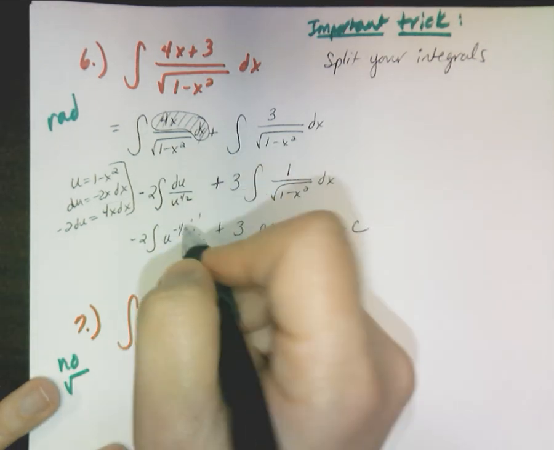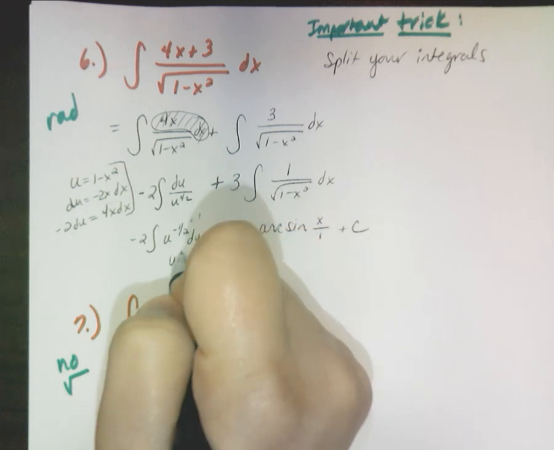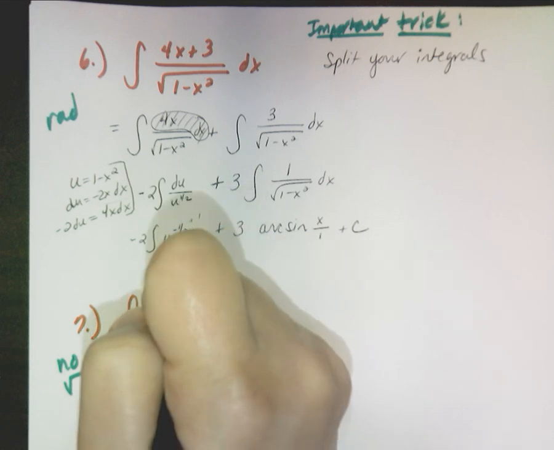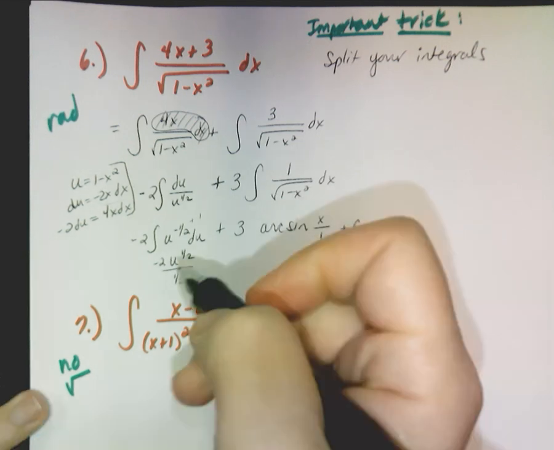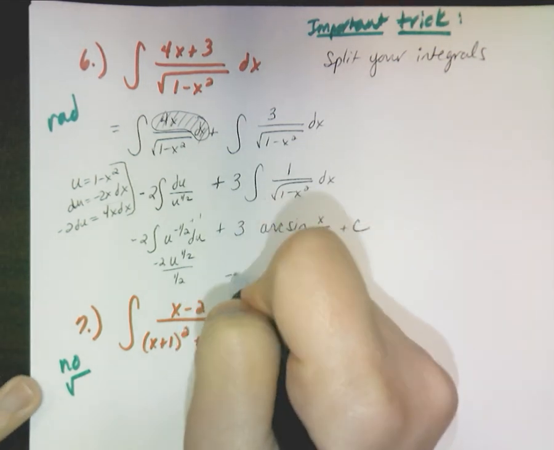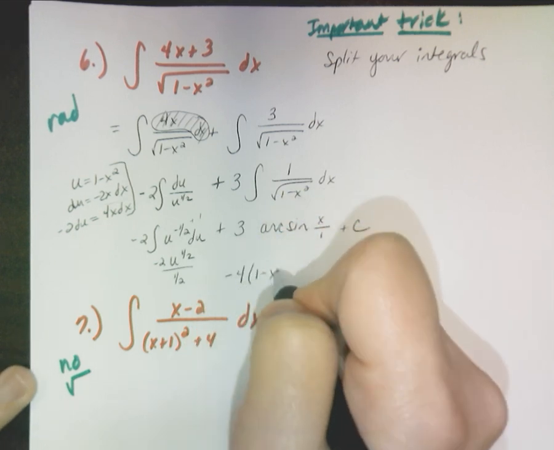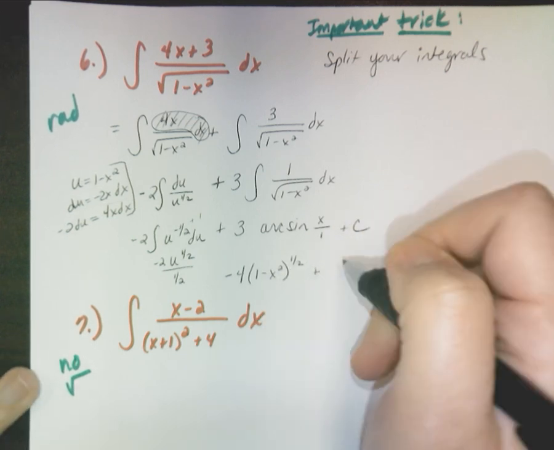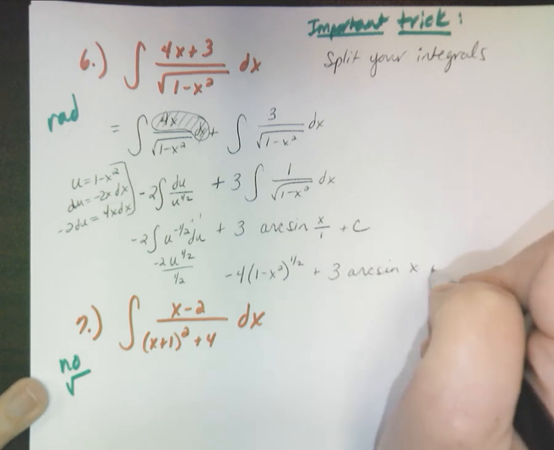So if I add 1 and divide, I would get u to the 1/2 divided by 1/2 times the negative 2, which would be what? Negative 4 u, which is 1 minus x squared to the 1/2, plus 3 arc sine x plus c.